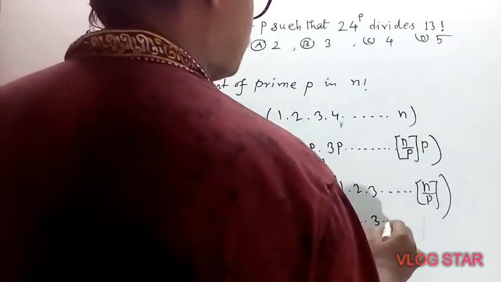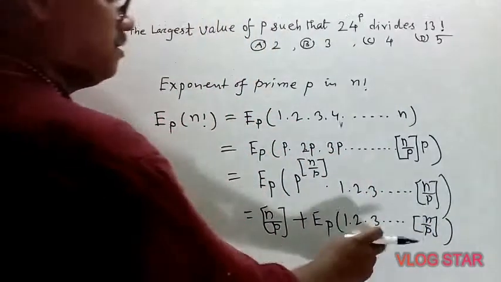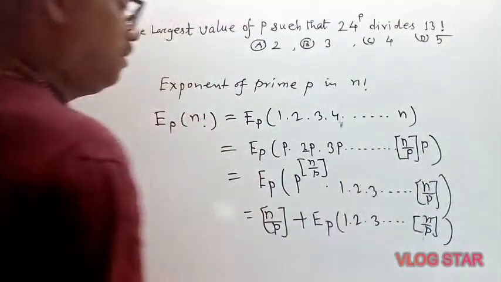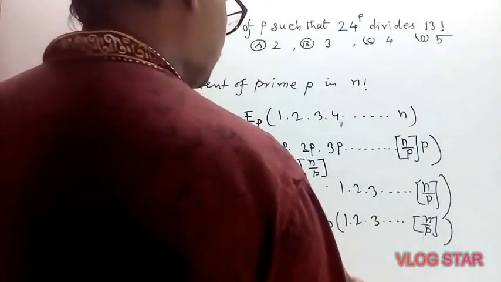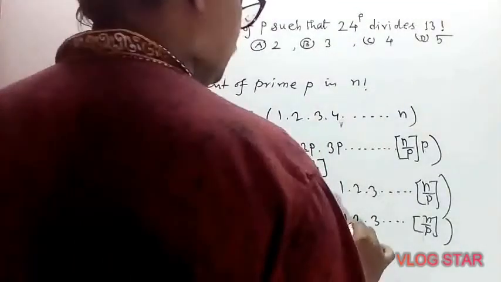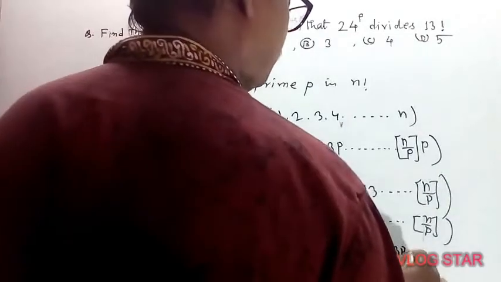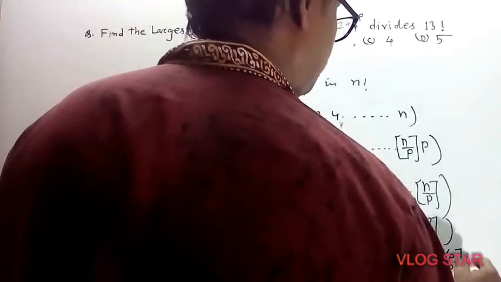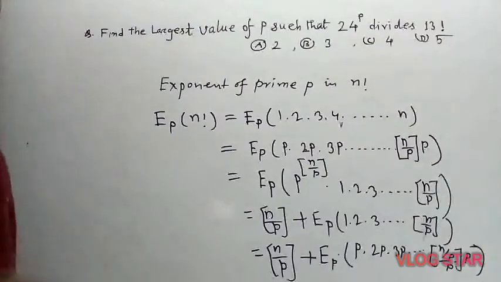There may be multiples of p that exist here also, or not. If they exist, then n by p plus, again similarly. The first integer divisible by p is p, second 2p, third 3p, and the last is n by p into p.